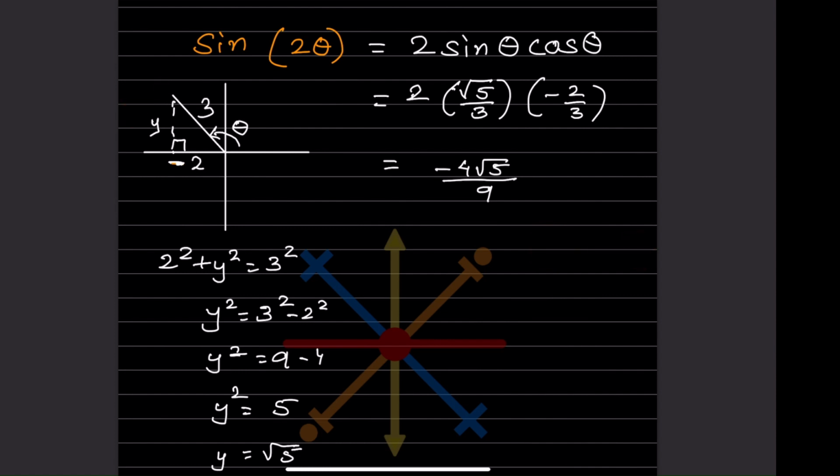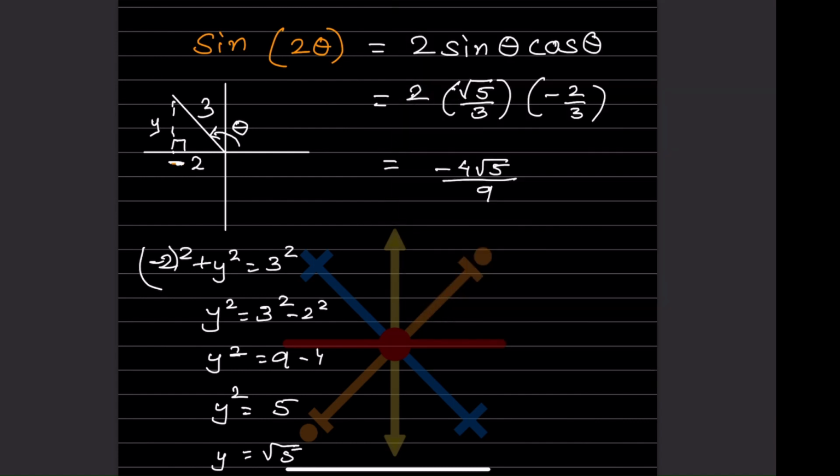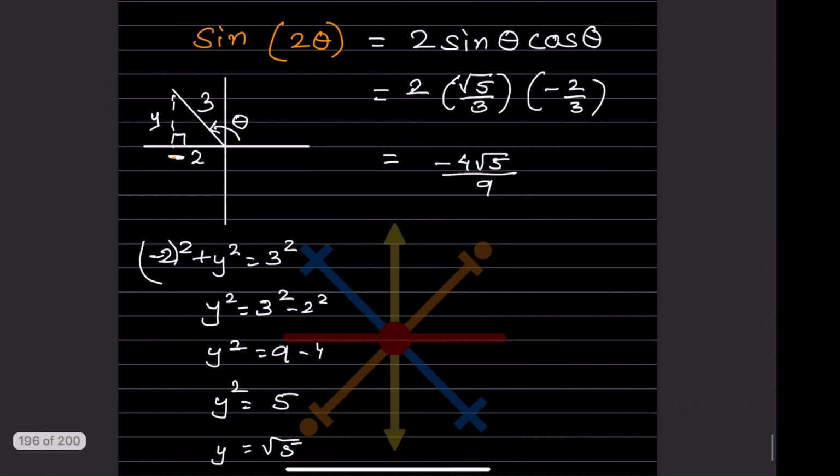So now what will you do here? We are going to take this as minus 2, the base, squared, plus the perpendicular side squared, is equal to the hypotenuse squared.